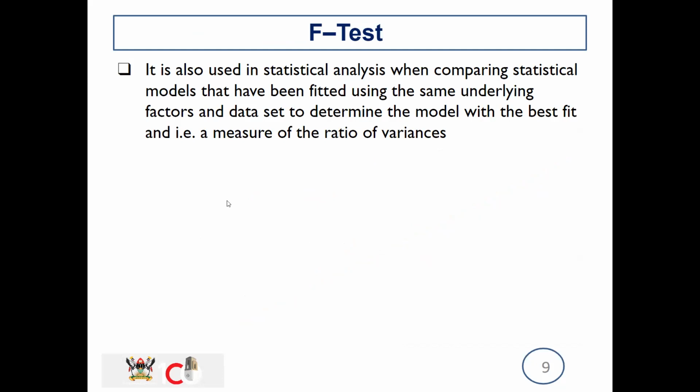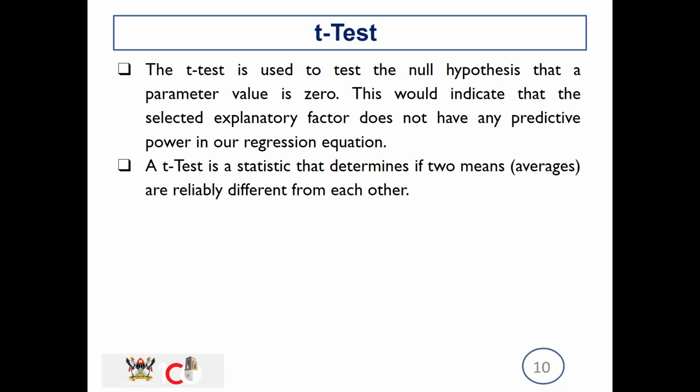So you have to understand how the two data sets vary in terms of the standard deviation, so that we know which of these data sets is fit to describe the linear relationship between two variables. And then we have the t-test, which helps us to determine if two means or averages are reliably different from each other.